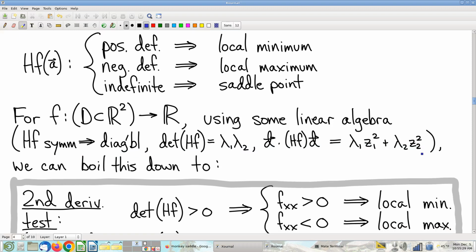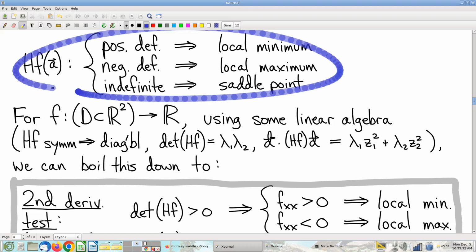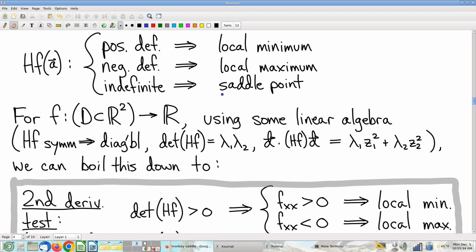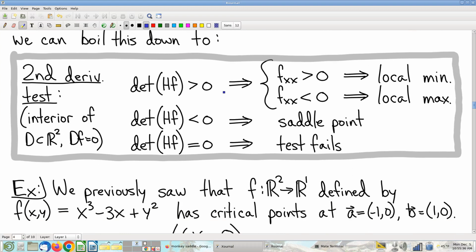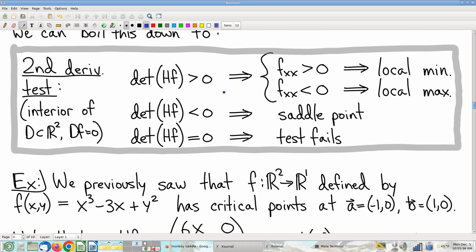Here's the punchline: how we actually make use of these observations is what's called the second derivative test. By the way, this is only for 2 dimensions.